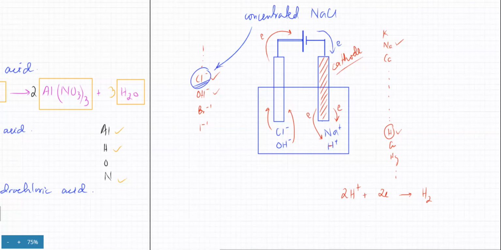It is the one that always loses electrons, and it's also diatomic. So it's 2Cl-1. They're going to lose two electrons to form Cl2. So this is the reaction that's happening. Remember, in both cases, choose the bottom one. But if Cl-1 is concentrated, you always select Cl-1.